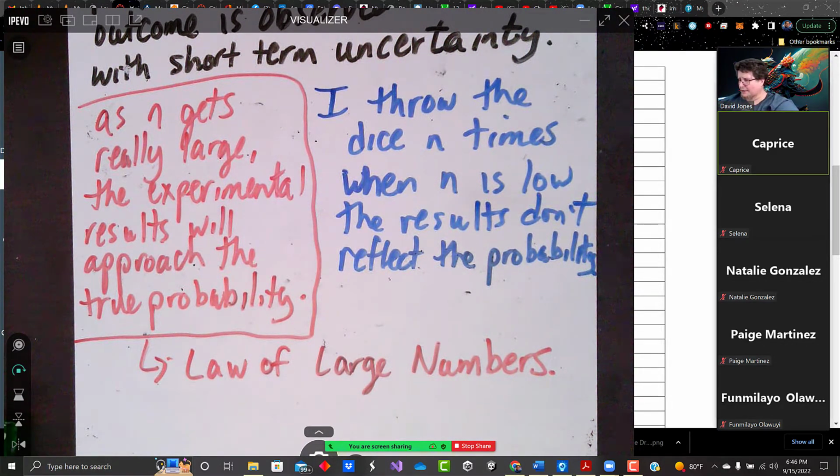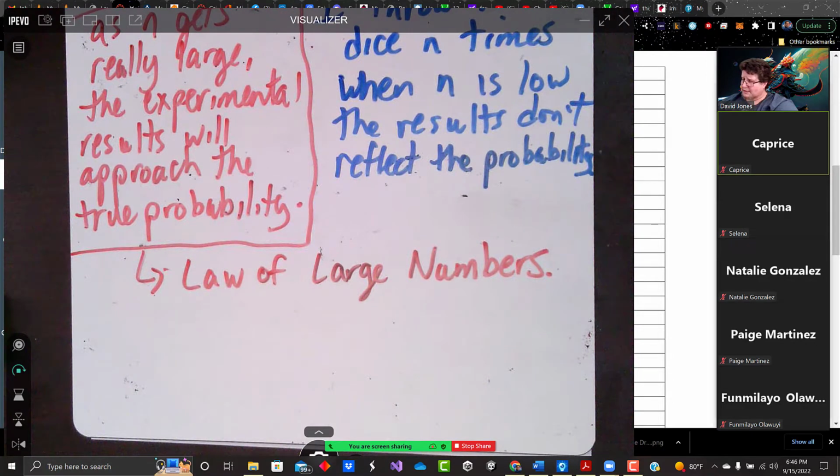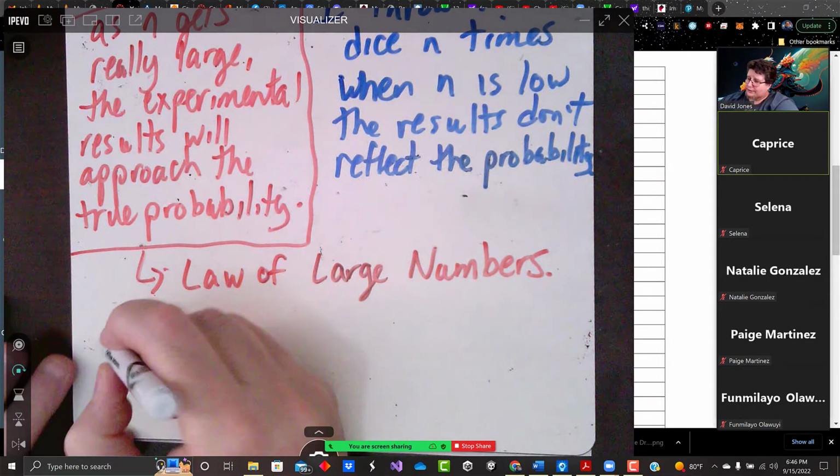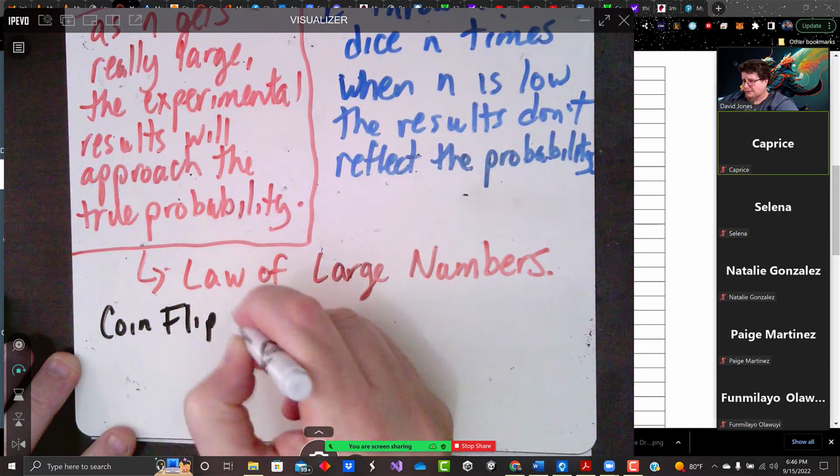And I can give you an example. Let's say I'm flipping a coin, heads or tails. Coin flip, heads or tails.